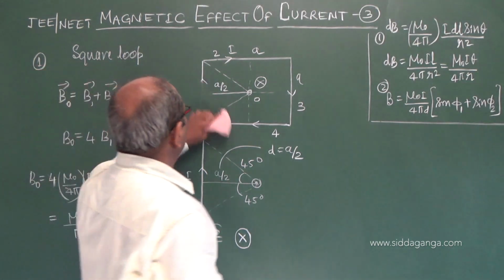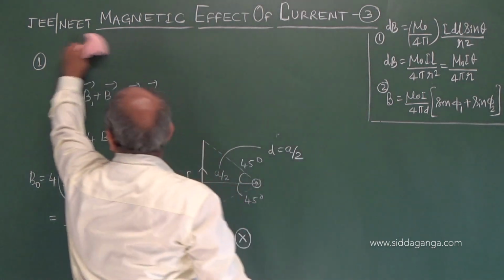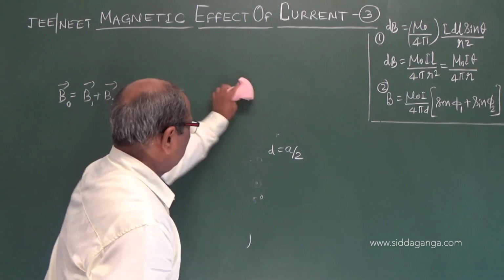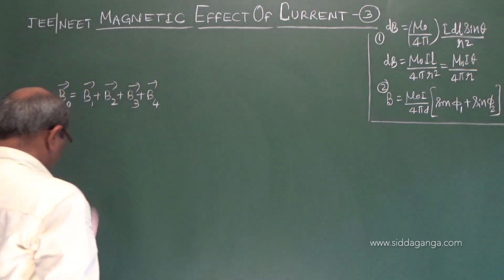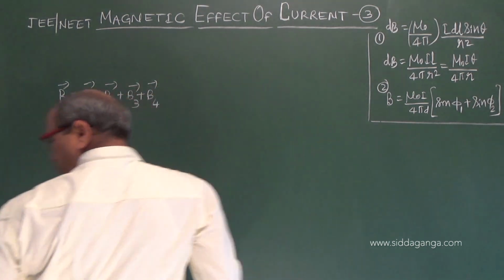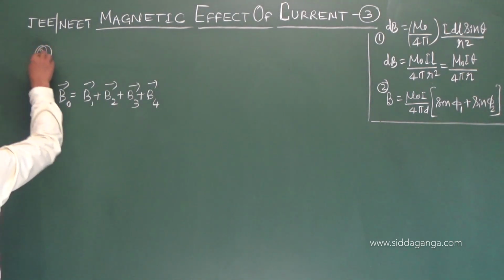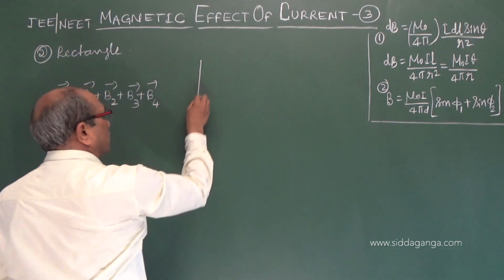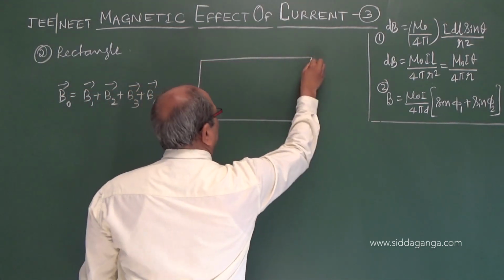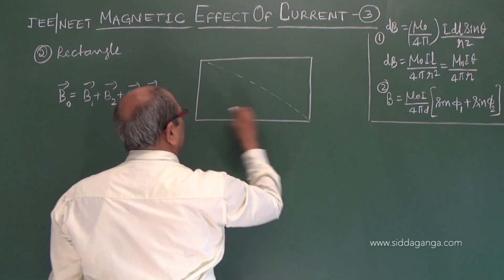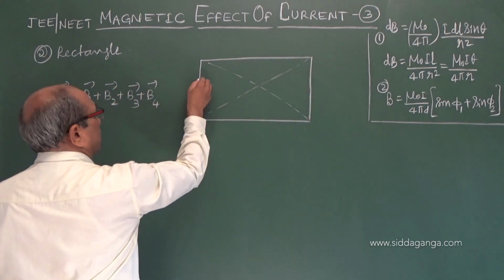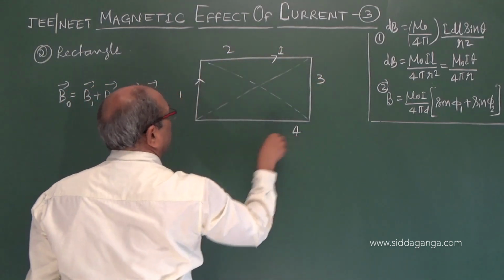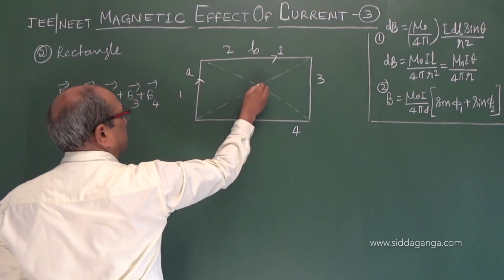Similarly, let us come to a rectangle. Let us take the example of a rectangle. So the second, in case of a rectangle of sides a and b, the current carrying I, the same, parts 1, 2, 3 and 4, if this is of length b and this is of length a.